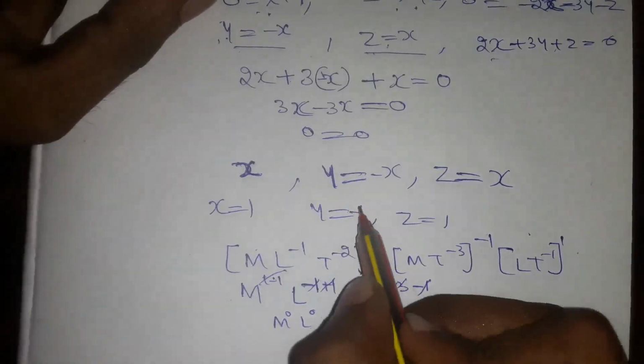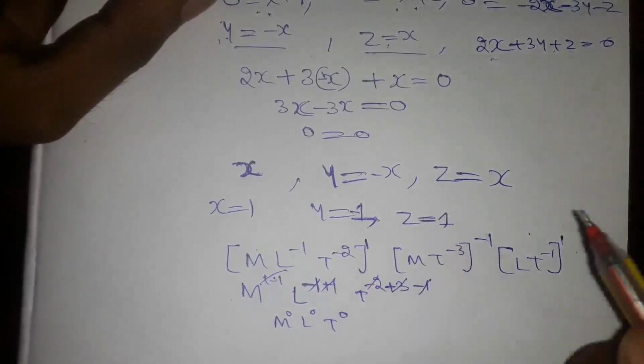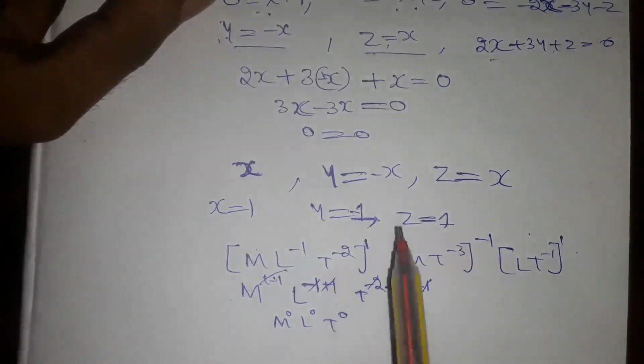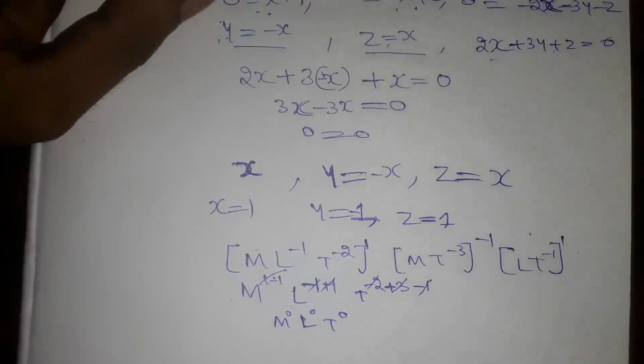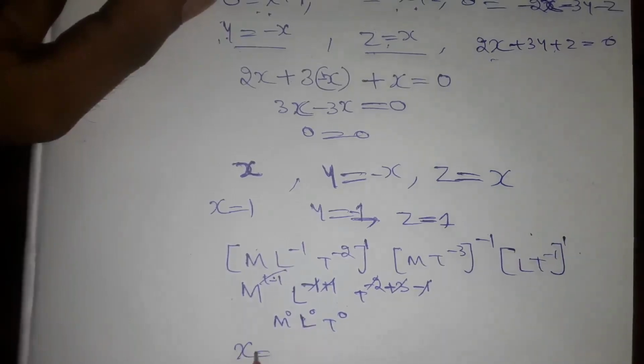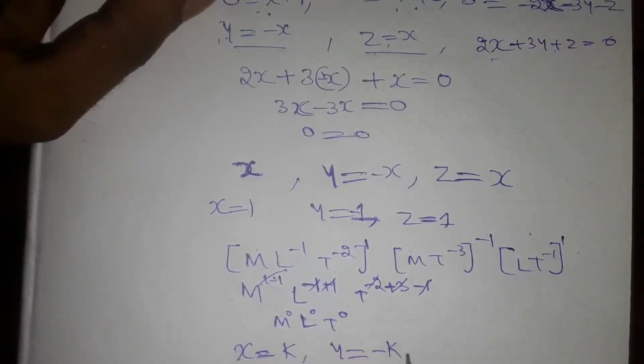So we get this for all values of x. We don't get any particular solution, but we get many solutions here. So if x is equal to k, then y is equal to minus k and z is equal to k, where k is any real number.